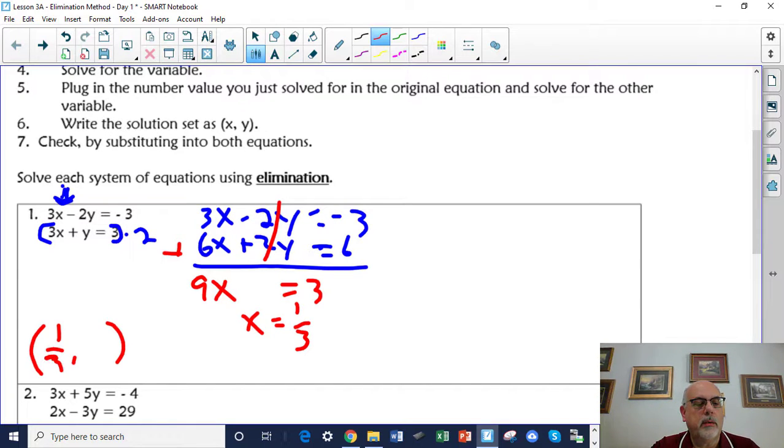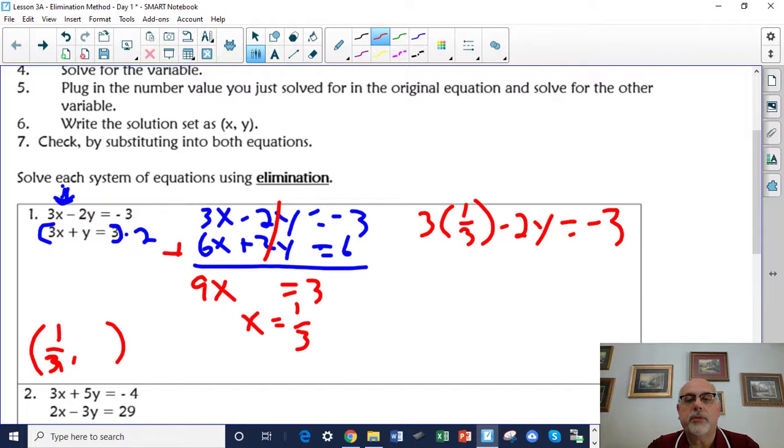And we'll solve for the y. Okay, so let's go back to the first equation. 3 times 1/3 minus 2y equals -3. Well, 3 times 1/3 is 1. 1 minus 2y equals -3.